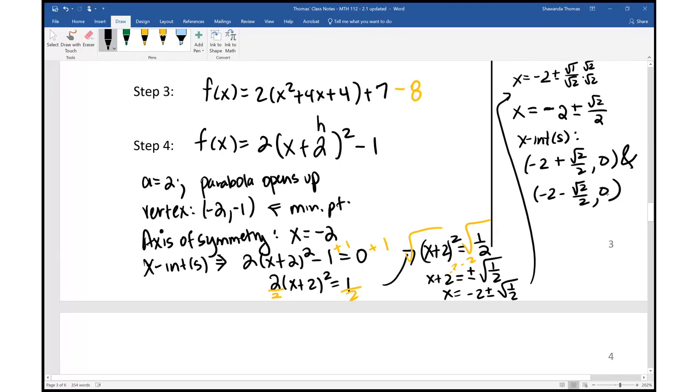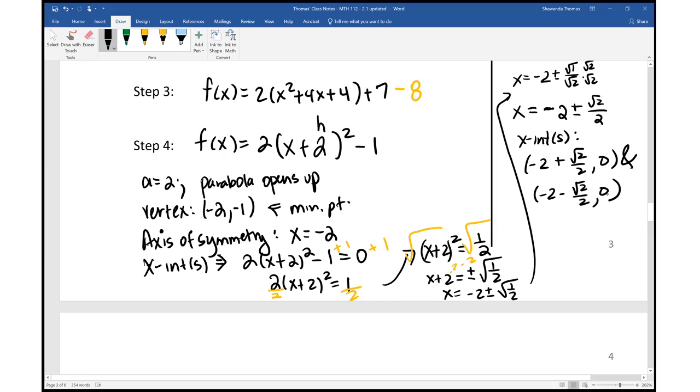Now, of course, you really do need to figure out what that is approximately in your calculator. So let me put that in the calculator. Negative 2 plus the square root of 2, divided by 2.